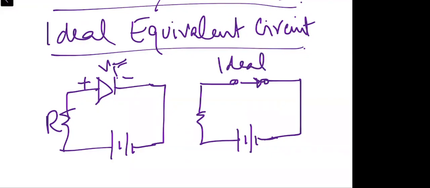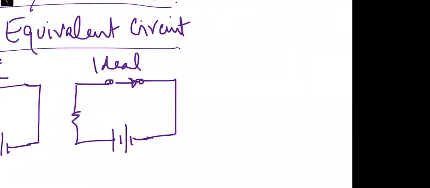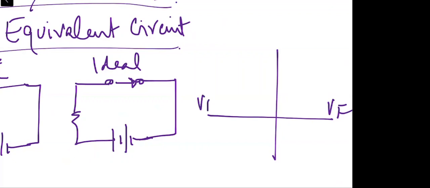In that context, the characteristic curve will be something like this: this is VF, VR, IF, and IR, right? So whenever something is short circuited, what is the voltage across that thing? Anyone?